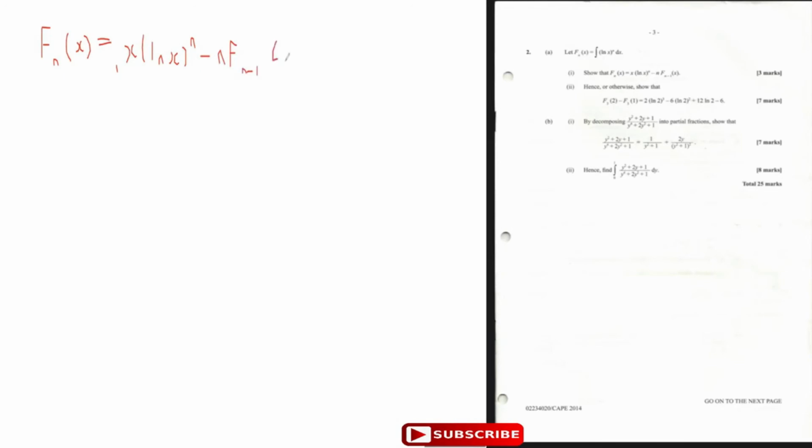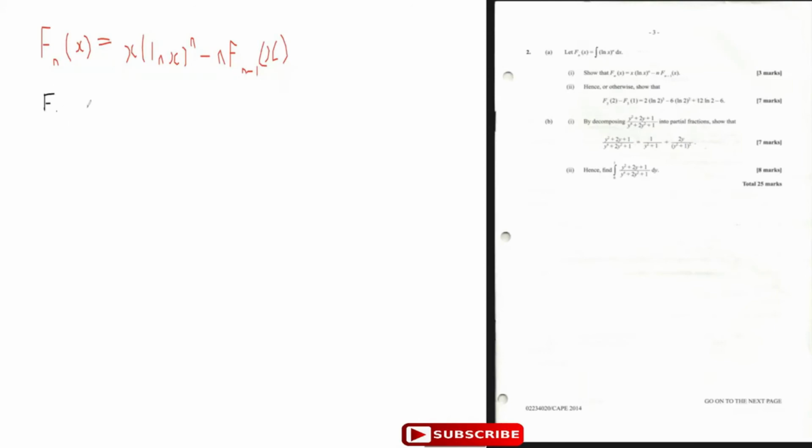Now that we need to prove this, what are we going to do? Well, first thing I like to do is start by finding what is f3 of x. So to find f3 of x, we can substitute n as 3.